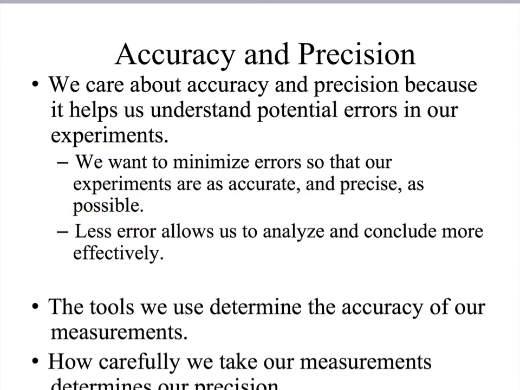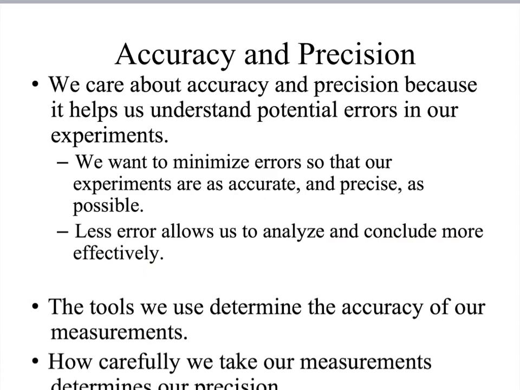And if we have less error, it allows us to analyze and conclude more effectively. So if our data is sloppy, if we have data all over the place, we don't know whether the data that we have is good. We don't know if it's bad. We're going to guess that it's bad because it's not precise. But it doesn't tell us any information. We can't compare it to accepted values to find out if we were right or if we were wrong.